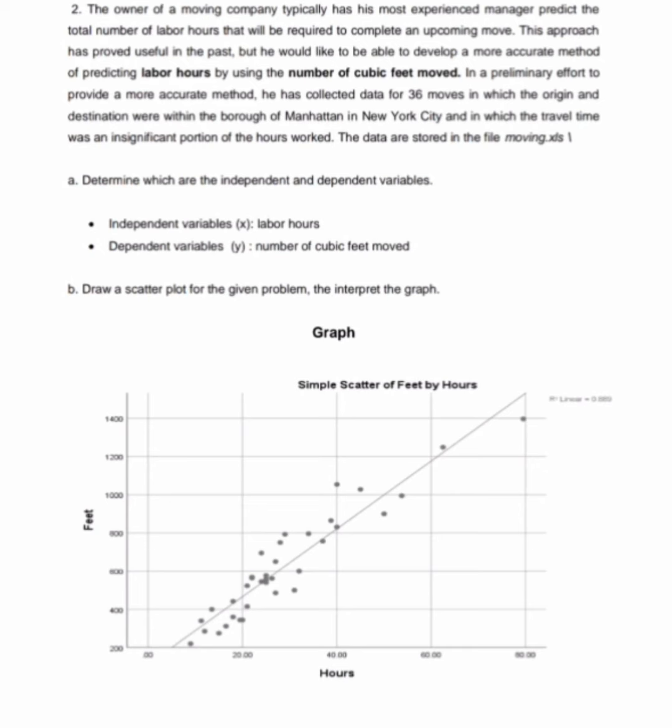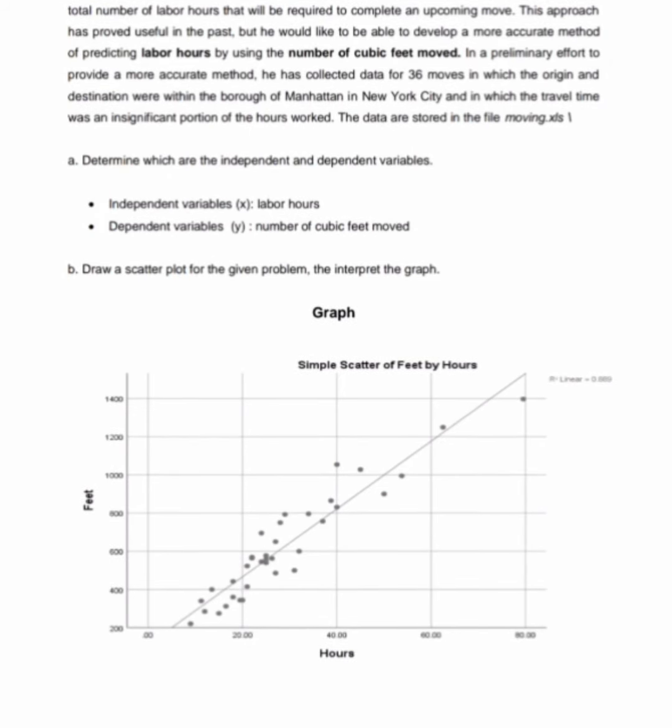To provide a more accurate method, he has collected data from 36 moves in which the origin and destination were within the borough of Manhattan in New York City, in which the travel time was an insignificant portion of the hour's work. The data are stored in the file moving.xls.